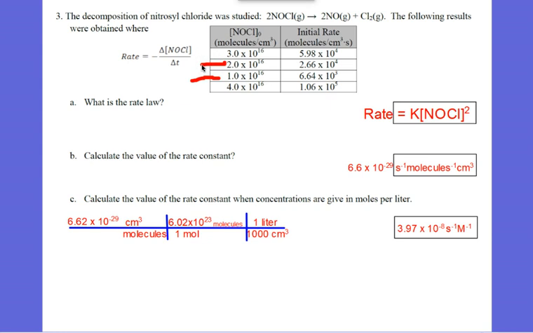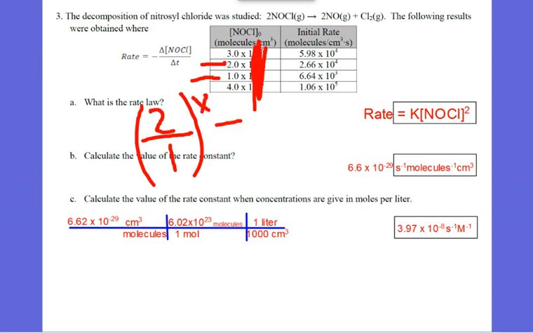All four of them are 10 to the 16th, so I'm just going to ignore that, because when you do 2 times 10 to the 16th divided by 1 times 10 to the 16th, the 10 to the 16ths cancel. So basically now I have 2 over 1 to some power, equals, and then I'm going to write those two other things.